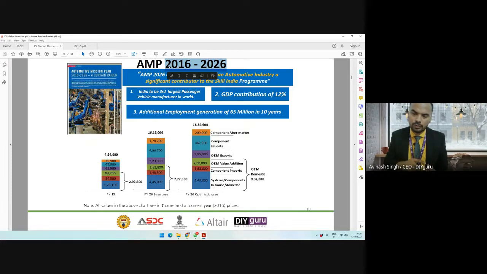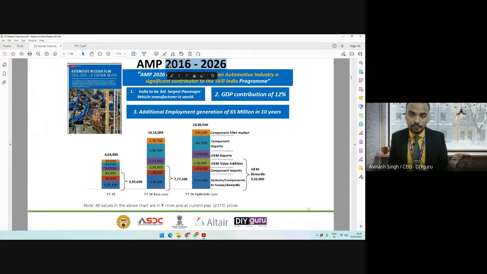If you talk about mathematical modeling, MATLAB Simulink, I think back 10-15 years only, when the Tata Nano was getting manufactured at its plant in Gujarat, they were the first who used MATLAB and Simulink to mathematically model their vehicle, right?